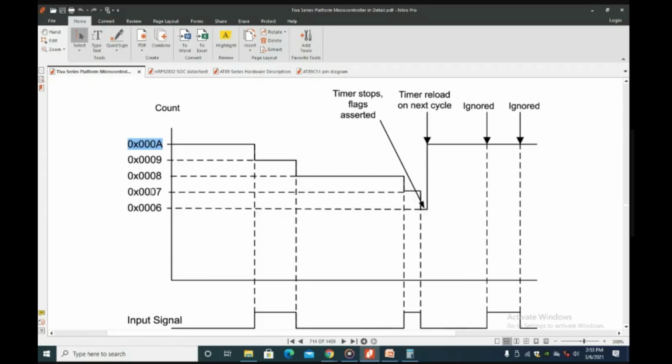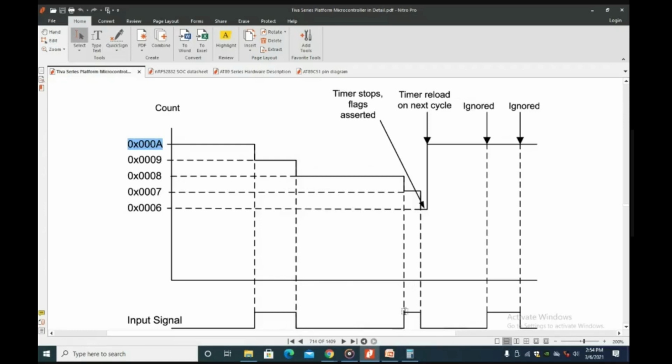So look at only 4 transitions. Whenever 4 transitions happen, you can stop the counting, something like that you can configure. So start at A, wait until 4 transitions. Whenever 4 transitions happen, leave the remaining transitions. We need only 4 transitions. So when the first transition happens, it decrements from A to 9. Then the second transition happens here, it decrements from 9 to 8.